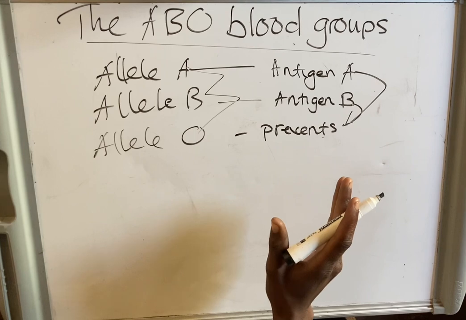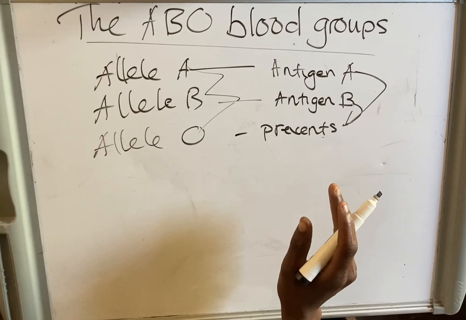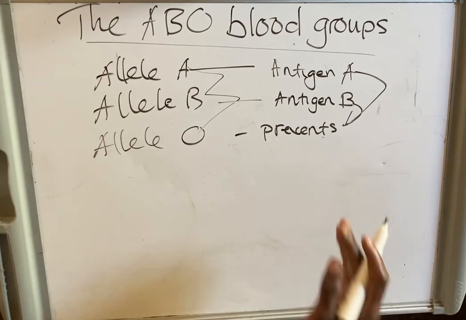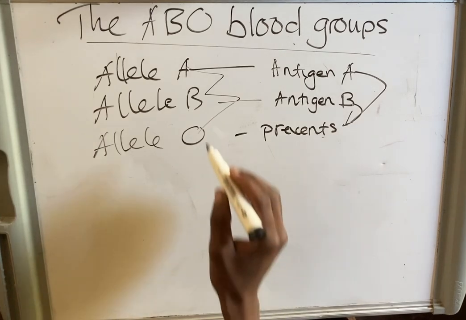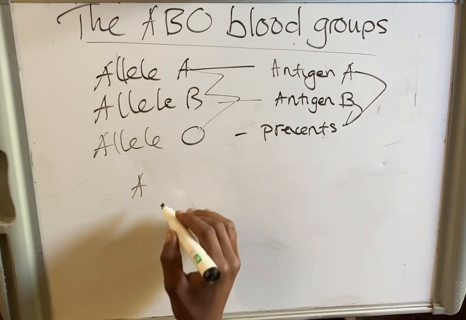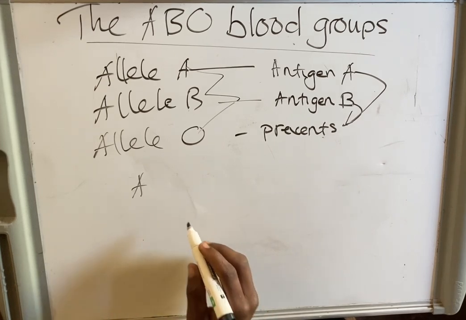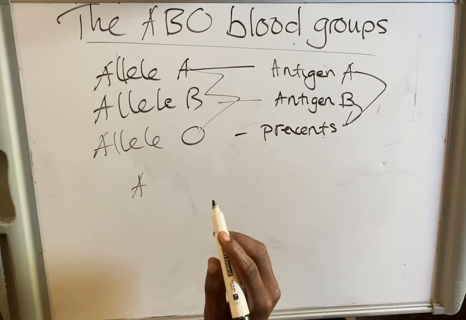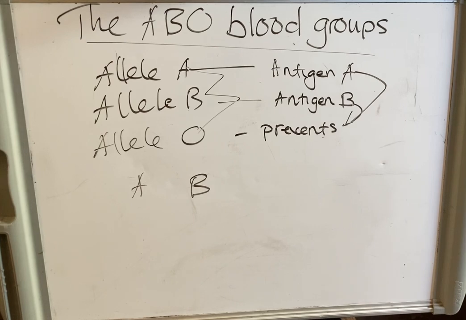Now, these alleles, A, B, and O, you need to know in which pairs they are found. You need to know the pairs of the blood groups. These 2, A and B, show incomplete dominance to each other, meaning that when you combine blood group A and blood group B, both genes can express themselves in the offspring.